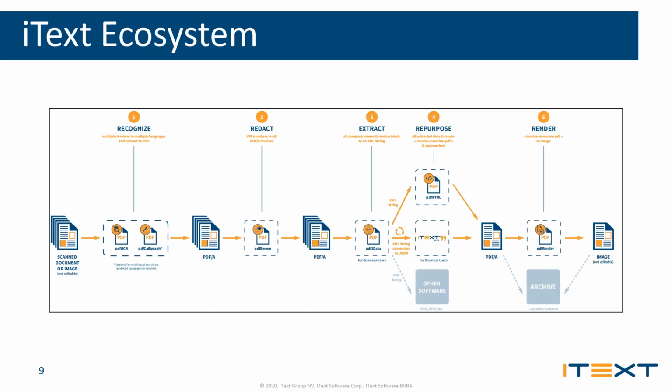So in our previous webinars, we covered the recognize part, where we started from a document that we would have scanned, and then through optical character recognition, we turned that into a PDF. It was stored as a PDF/A, so for archiving purposes.